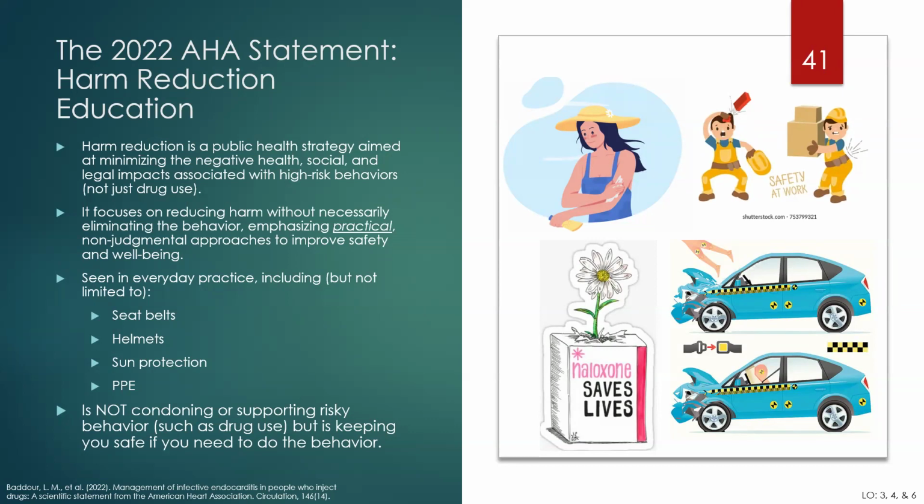They advocate for harm reduction education. It's a public health strategy aimed at minimizing the negative health, social, and legal impacts associated with high-risk behaviors, not just drug use. It focuses on reducing harm without necessarily eliminating the behavior, employing practical, non-judgmental approaches to improving safety and well-being.